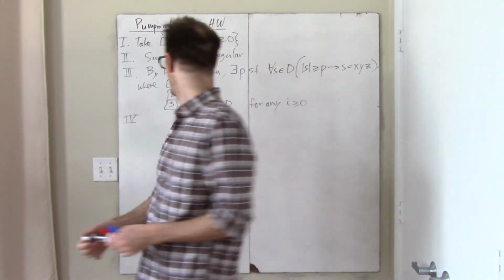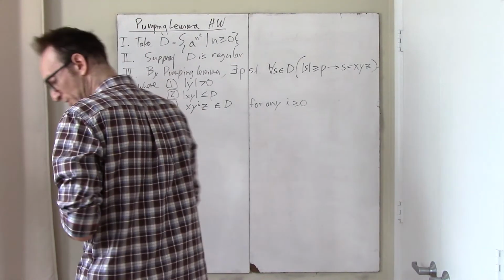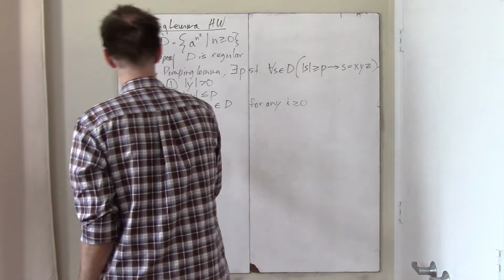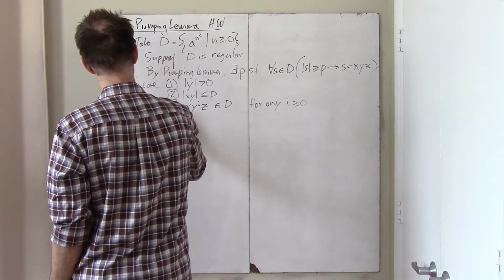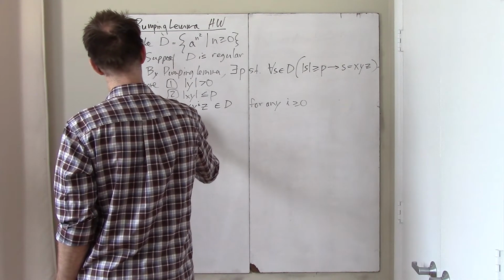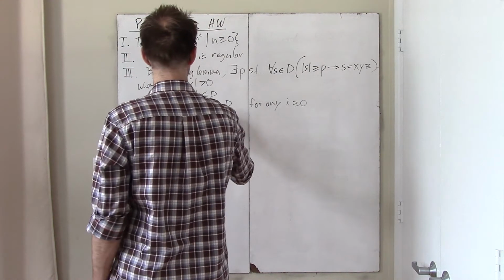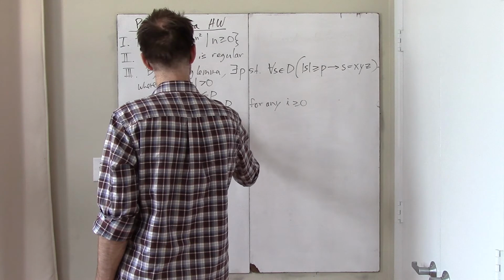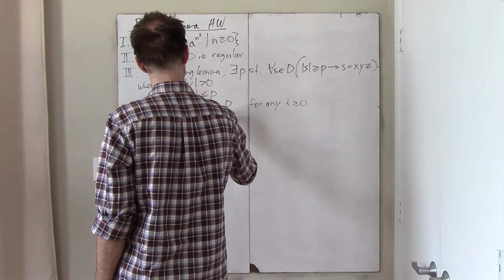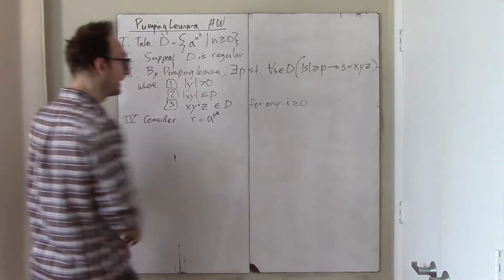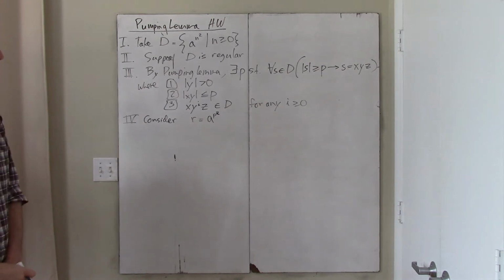And so, given some p, I think the string which will break it is this one. All right. Consider r equals a to the p squared. Okay. So this string is going to have p squared number of A's in it.